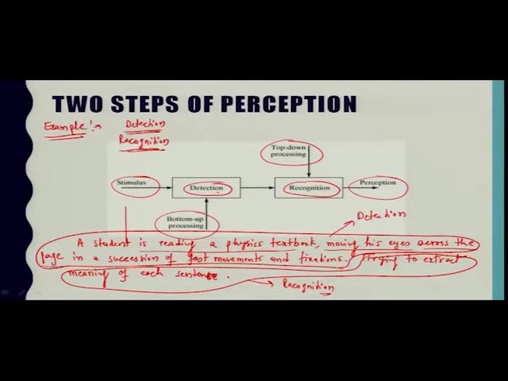So the detection step in perception involves the sensing of stimuli, and therefore detection emphasizes the use of the human sensory organs. Recognition involves the interpretation of the sensed stimuli.